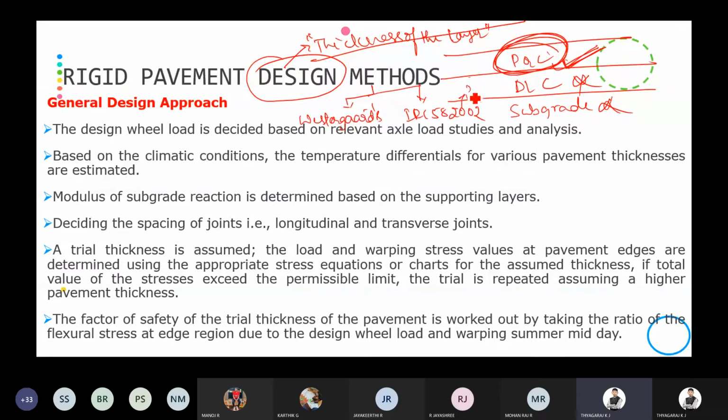Now they have upgraded to 2011, but for your syllabus they still use the IRC 58-2002 method. Today we will see what this Westergaard's method is. We will try to solve one problem if time permits, or we will see these problems in the next class. So what is the general design approach? How are you going to start designing the rigid pavement?